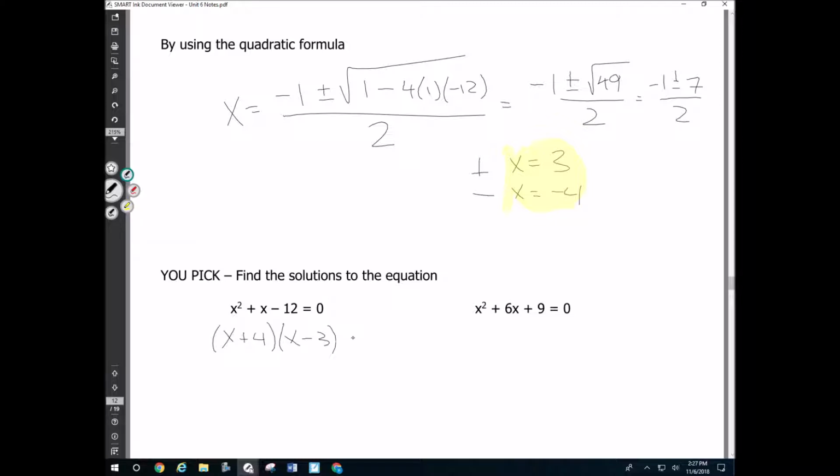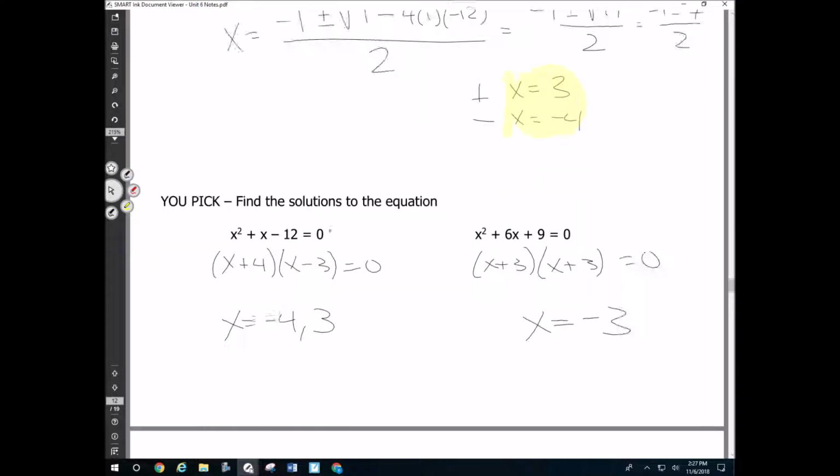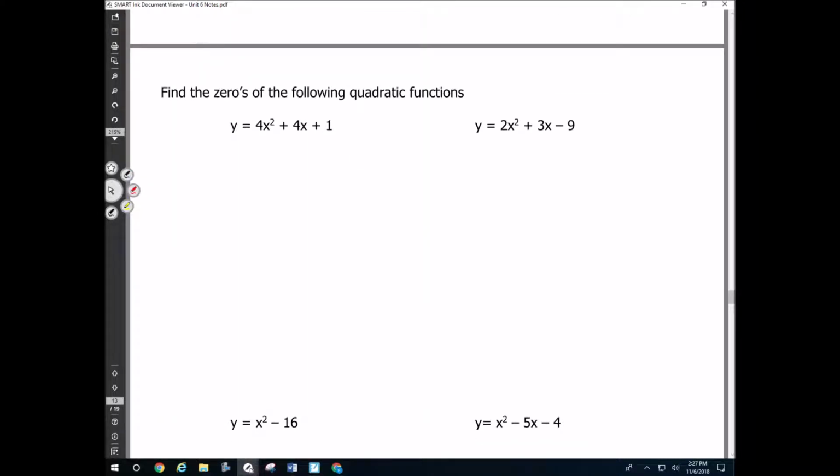This is the same one that we just did. But for these ones, factoring may not be an option.